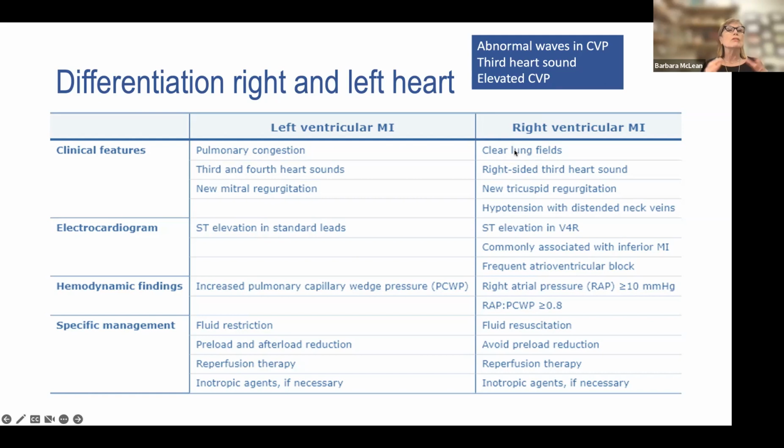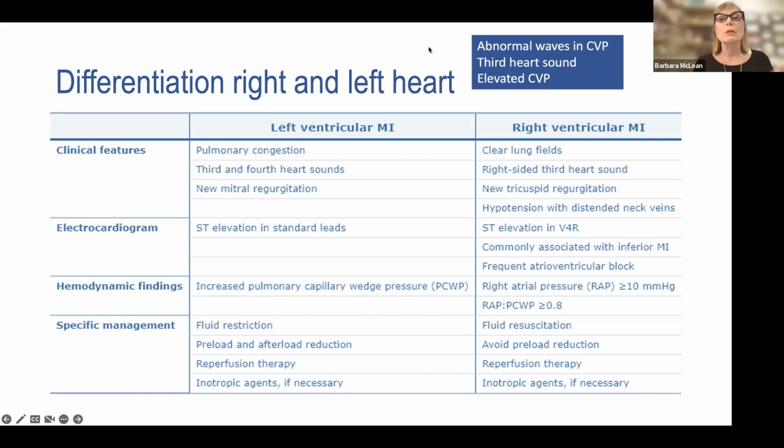So the lung fields early on could be clear. Breath sounds are good. Chest x-ray looks good. However, the patient has gained weight. He has bilateral pitting edema. He may have a positive hepatojugular reflex. He may have many things. But what's most important is that with an individual who has right ventricular dysfunction, whether it's an MI or pulmonary embolism or acute pulmonary hypertension, the right ventricle will become overstressed.